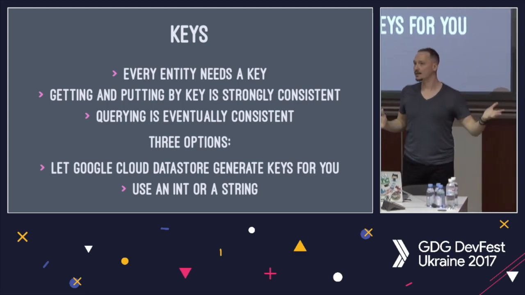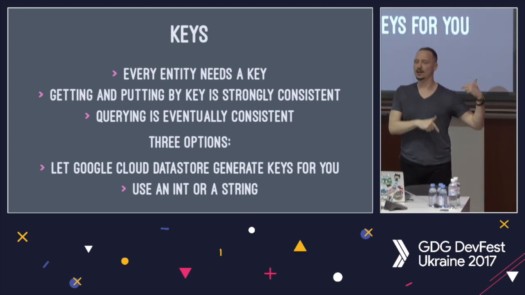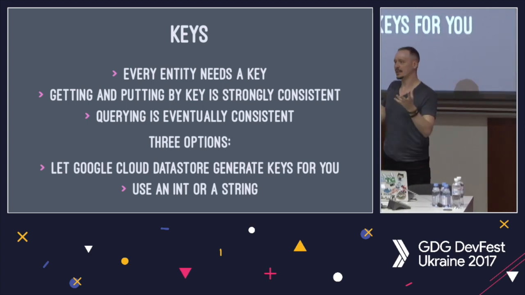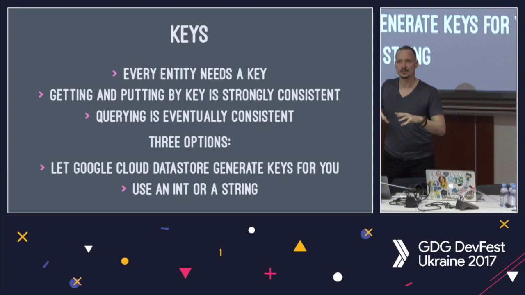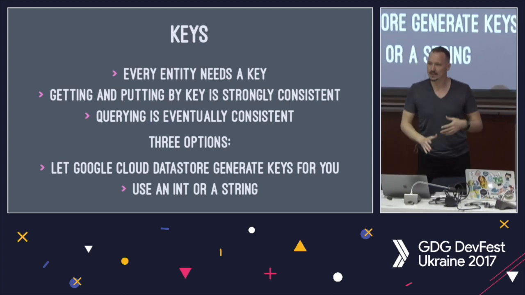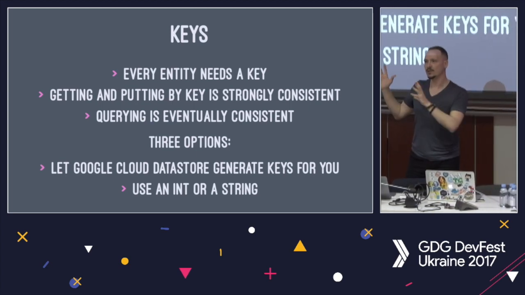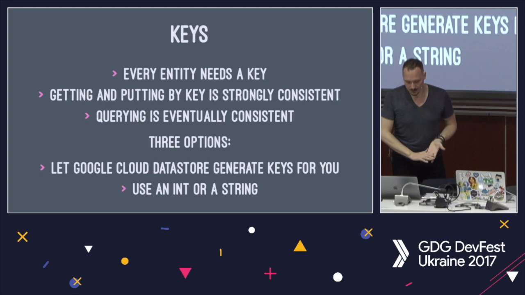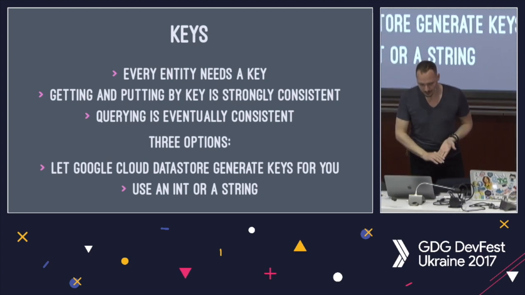If I'm querying, that's not the case. Querying is eventually consistent, because it has to go and update the indexes when you make a change. So that's the trade-off. It's really optimized for rapid reads, but you sacrifice a little bit of accuracy because of that. It's just physics, I think.